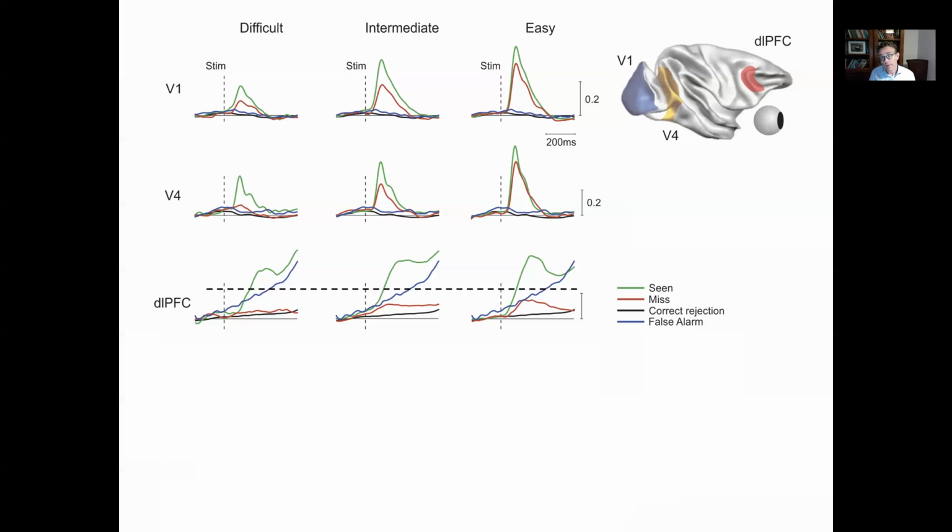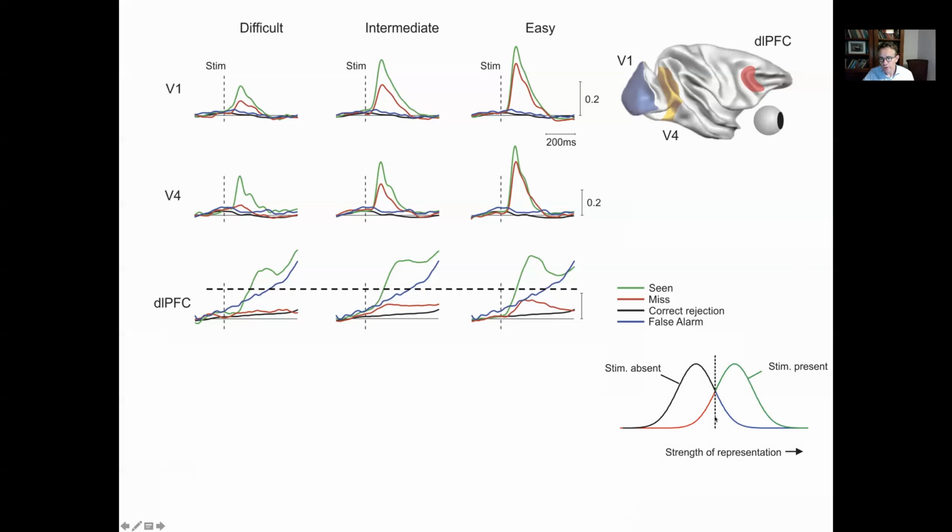And of course, if the activity reaches this level, then it's quite compatible with what is predicted by signal detection theory in prefrontal cortex. So if a certain threshold is reached on the hit trials or on the false alarm trials, it might persist as persistent activity, sort of a working memory trace.